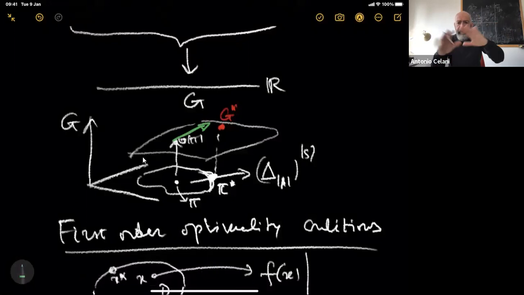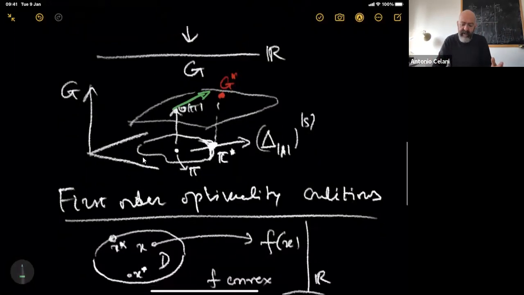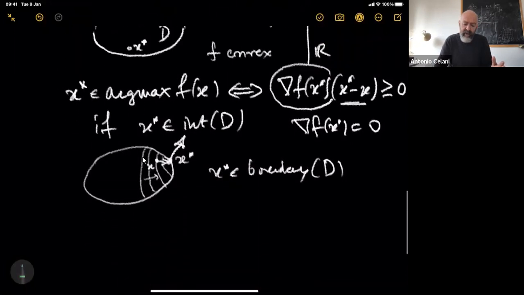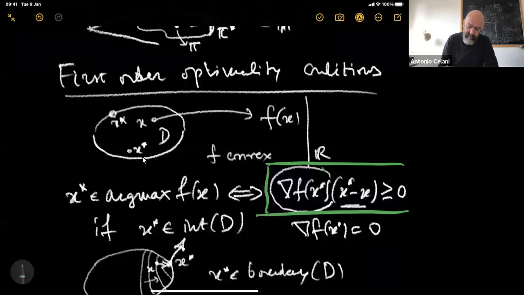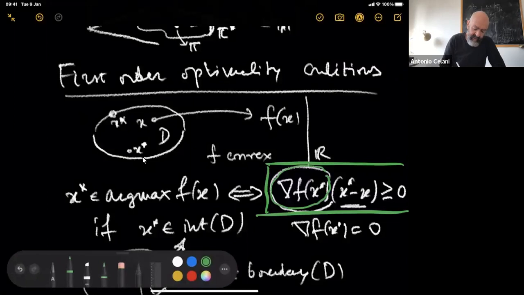If we can compute the gradient of G, we can see where this first order optimality condition is met. But we have to compute this gradient first, and that's what we're going to do now.